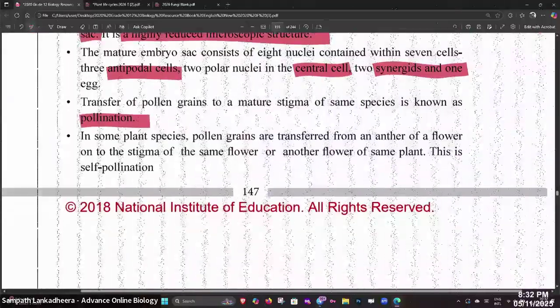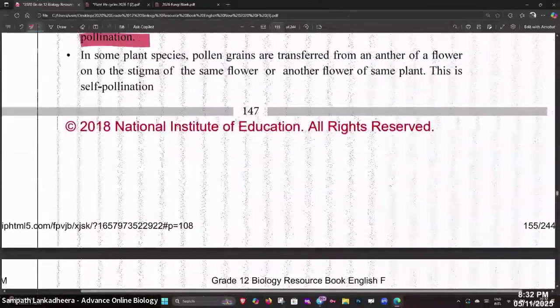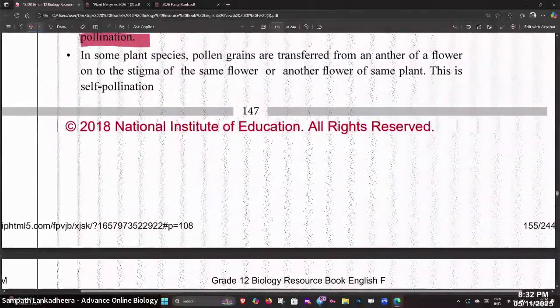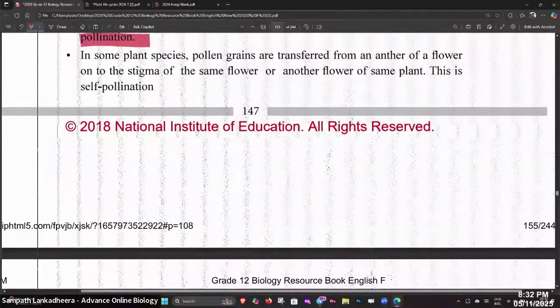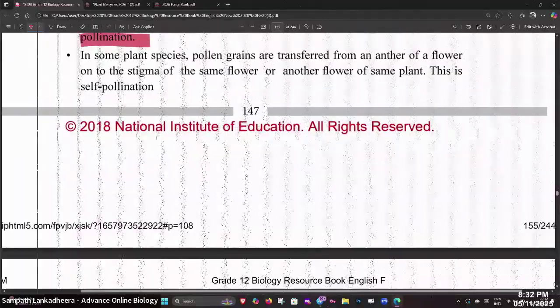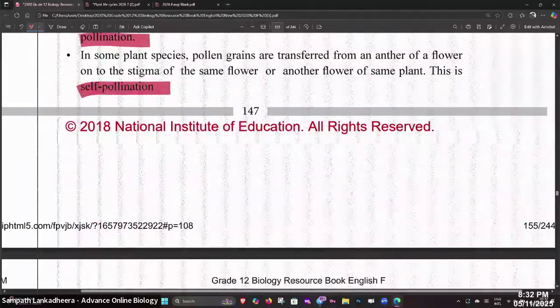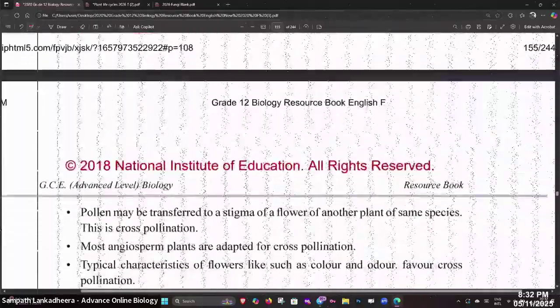So for pollination, we have 2 definitions for seed plants and angiosperms. In some plant species, pollen grains are transferred from the anther of the flower to the stigma of the same flower. That is self-pollination.